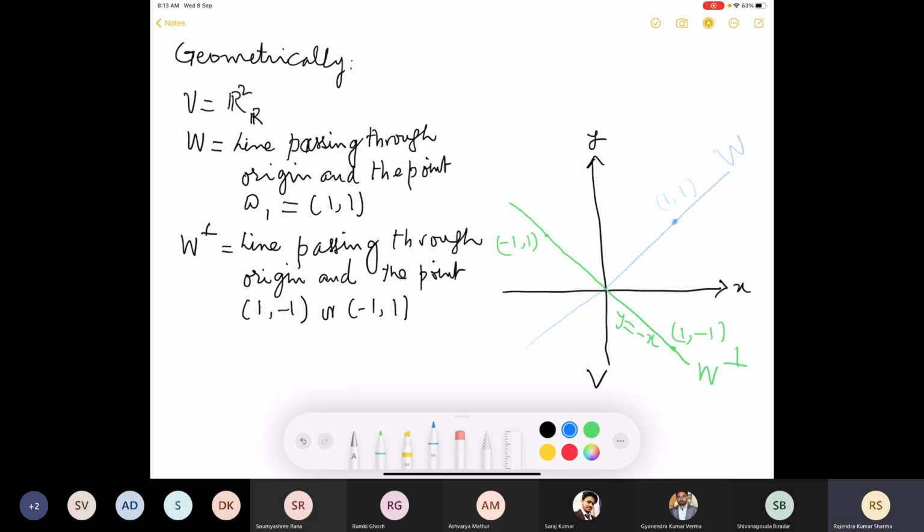And this is the line y is equal to x. And obviously you can now see that W is this, W orthogonal is this. And when you take the intersection of these two, the intersection is just the origin. So you can observe here.